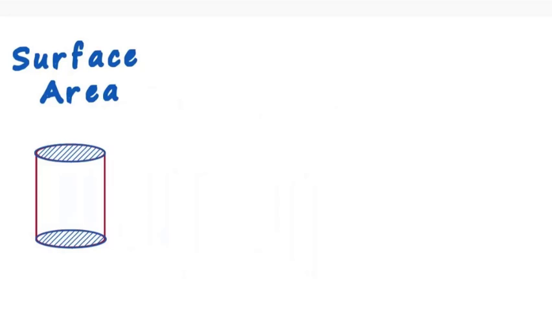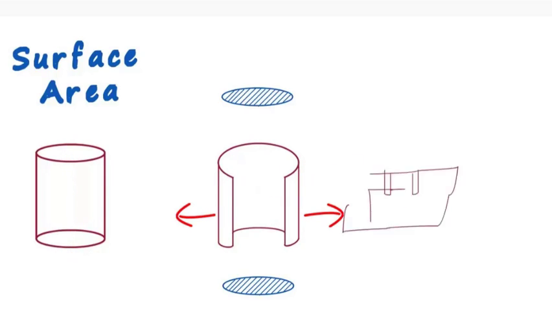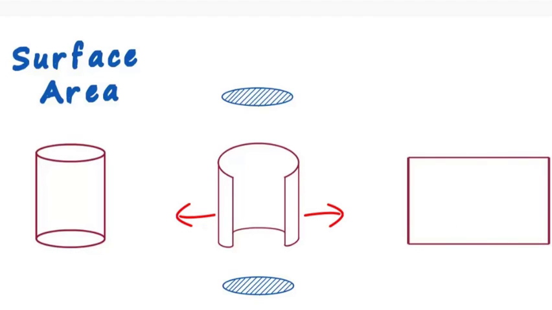So we're going to look at the surface area of a cylinder. A cylinder consists of two bases, and what's left over is the lateral area. If we peel the lateral area off, sort of like the label of a can, and slowly unravel it, it turns into a rectangle. So we can find that lateral area by finding the area of this rectangle. There's the length and the height, or width.